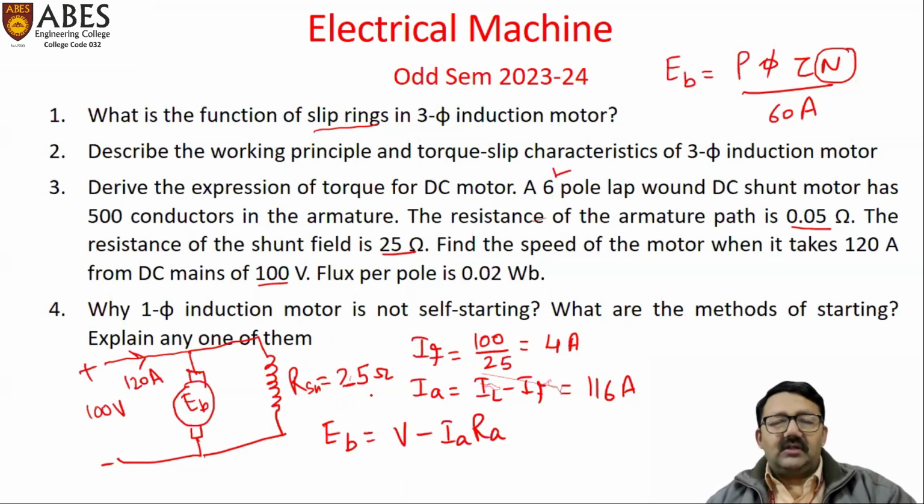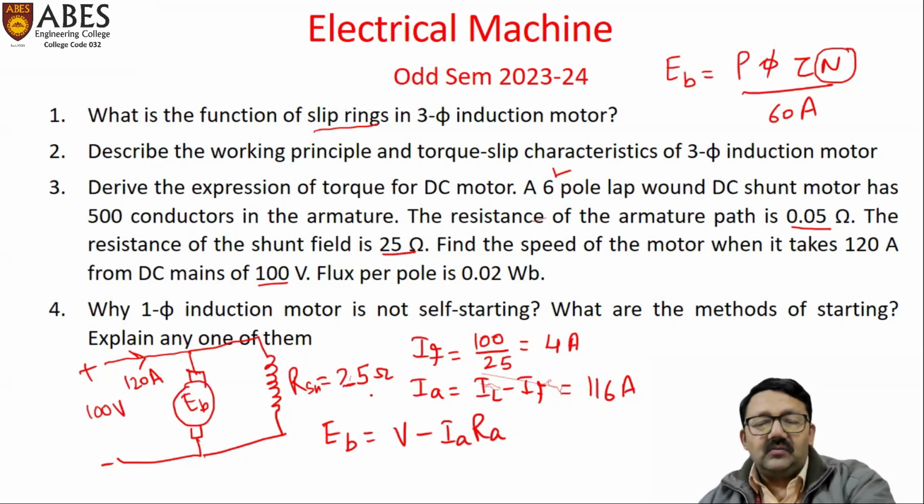You can refer to that video, in which it is clearly explained, on the basis of double revolving field theory, why this single phase induction motor is not self-starting. The different methods of starting are resistance start motor, capacitor start motor, then permanent capacitor motor, and two-value capacitor.